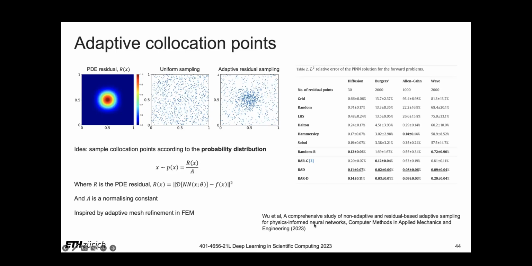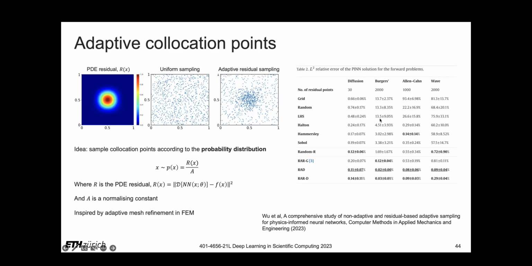Again, this is another study that just came out very recently. It is a fairly comprehensive assessment of all these different strategies for sampling collocation points. They compared simple uniform sampling with these adaptive refinement methods, and they tested it over a bunch of different equations.